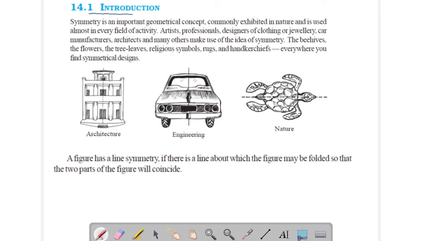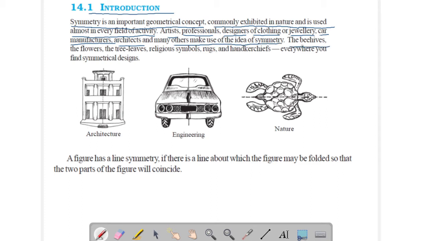Say introduction. Symmetry is an important geometrical concept commonly exhibited in nature and is used almost in every field of activity. Artists, professionals, designers of clothing or jewelry, car manufacturers, architects, and many others make use of the idea of symmetry.